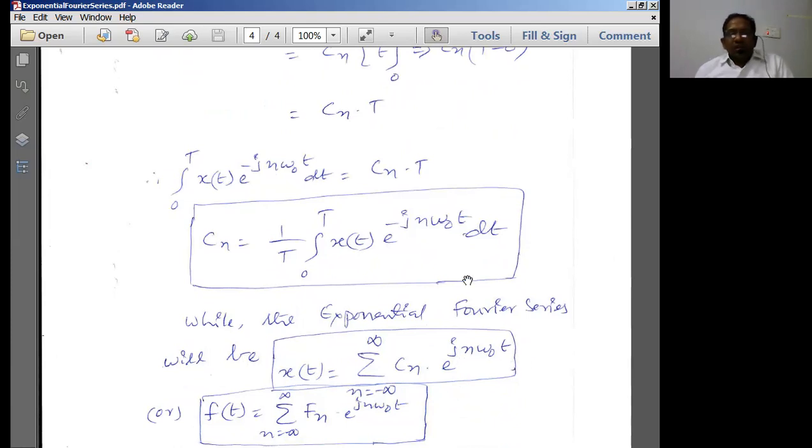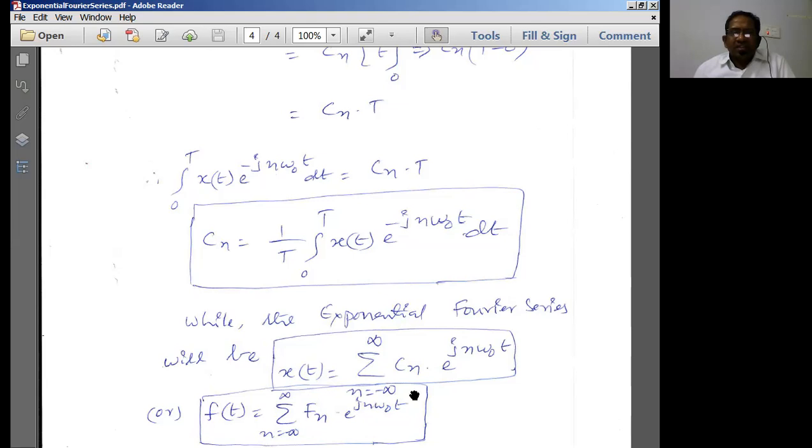Now we can also represent the Fourier series as f of t, the exponential Fourier series, equal to the sum of capital Fn into e raised to j n omega naught t. That means you can represent x of t as f of t. If you represent with small f of t, you write capital F here; if you represent with x of t, you can keep it as Cn also, because it is nothing but a coefficient for us.